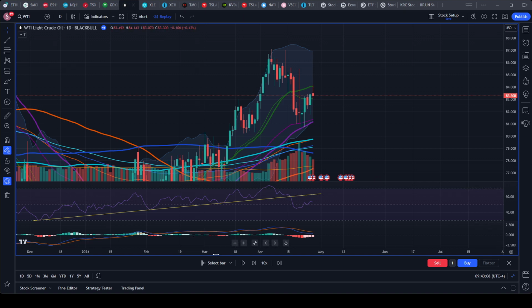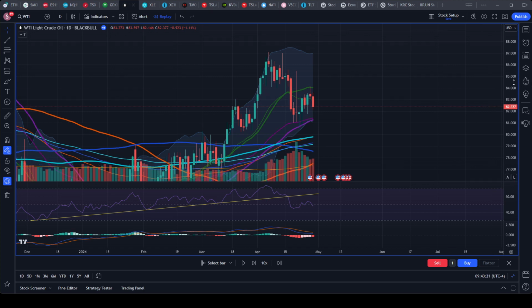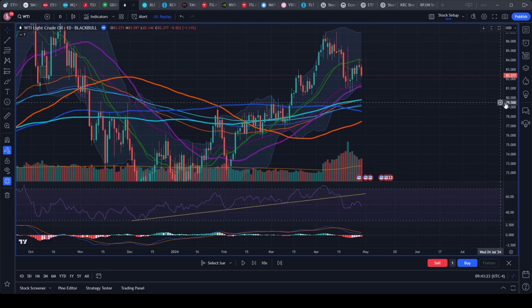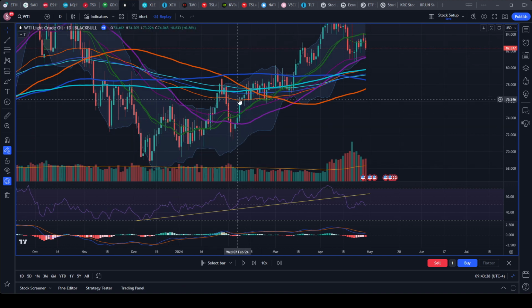Personally, I took profits right there. It was a little bit soon, but I'm just going to give you my thought process. First, if you look at oil, there's a lot of risk that it can get stuck in a range.